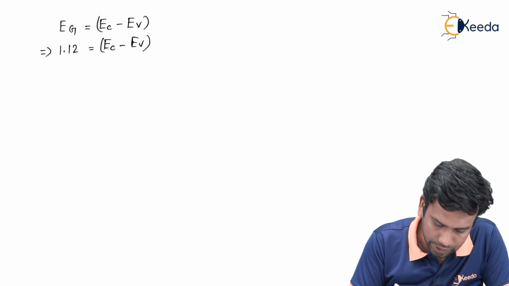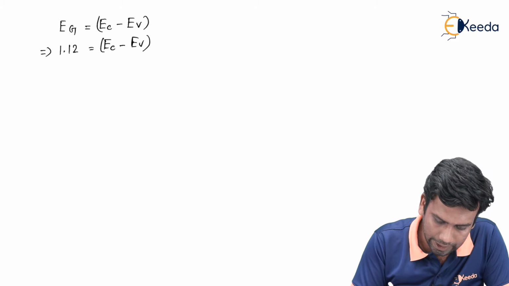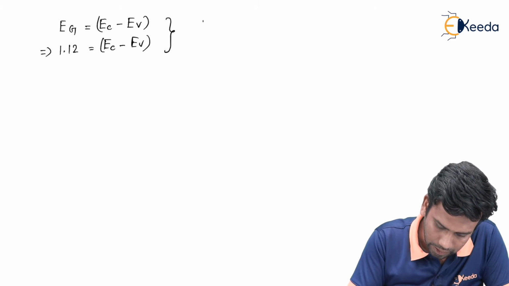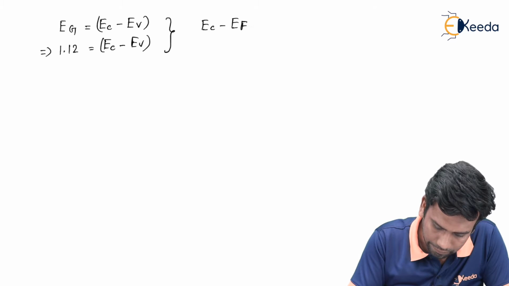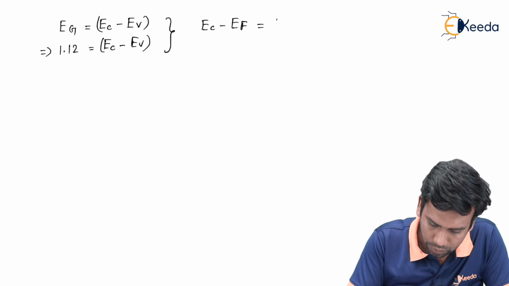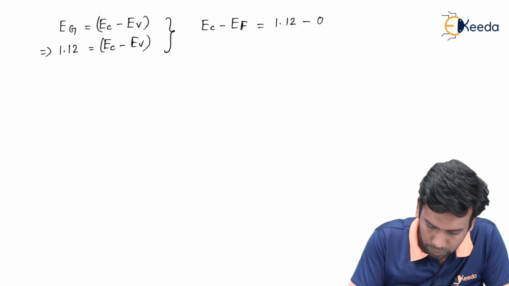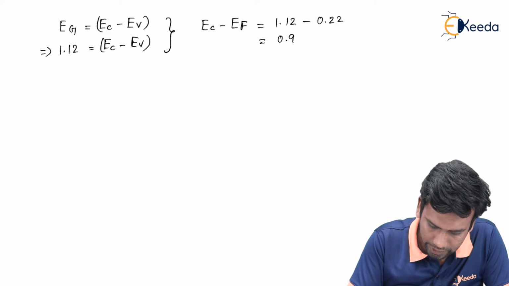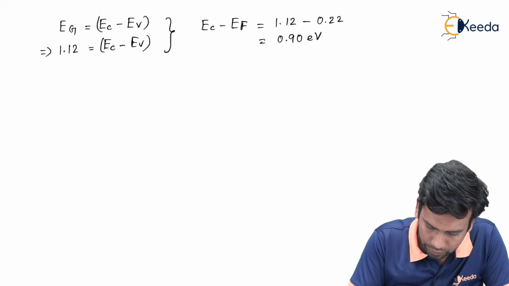So from this equation we can find that Ec minus Ef will be equal to 1.12 minus 0.22. That means we can say 0.90 electron volt.